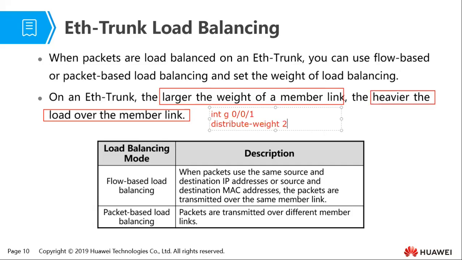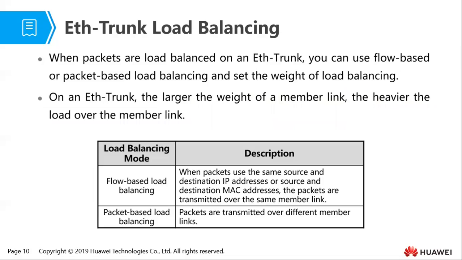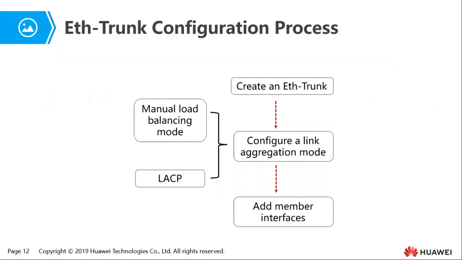So if there are only 2 member links forwarding data in load balancing mode, the other one has 1, this one has 2. So this one is going to forward two times more data than the other one. That is how you configure a larger weight so that an interface can forward more data.